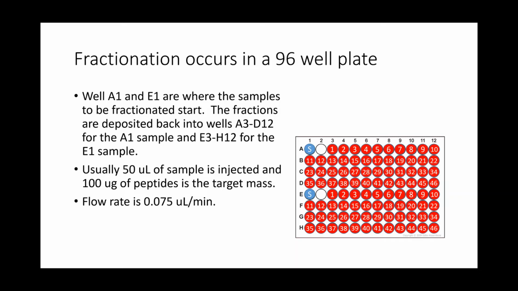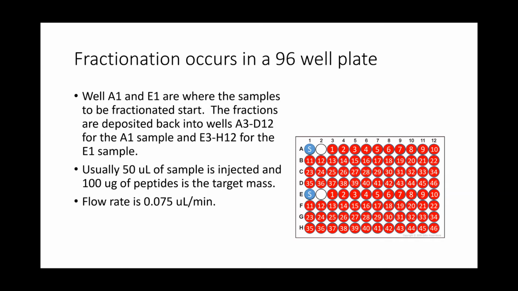It has to pass the sample through a column, and then as the sample elutes back off the column, it comes back through the sample needle and passes into starting in A3, then A4 and then A5. And you might notice I've made a mistake here. It actually snakes around, so it gets to the end of A12, and then we go down to B12 and all the way back to B1, and then it snakes from C1 all the way to C12, etc.